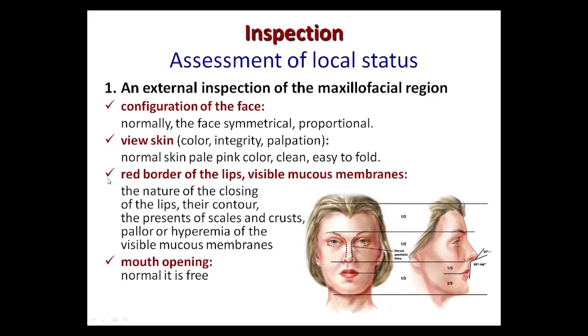Next we assess red border of the lips and also visible mucous membranes. The nature of closure of the lips, their contour, the presence of scales and crusts, pallor or hyperemia of the visible mucous membrane, and also mouth opening.